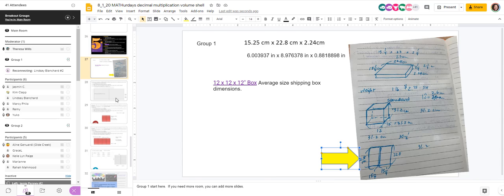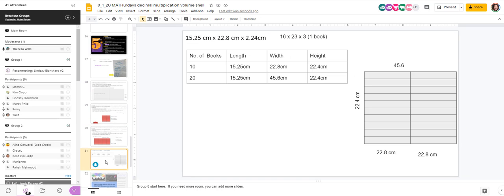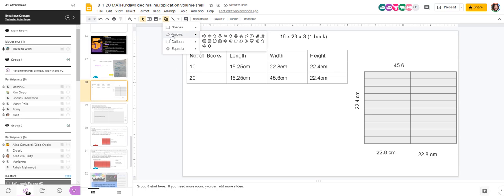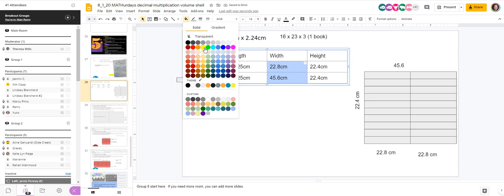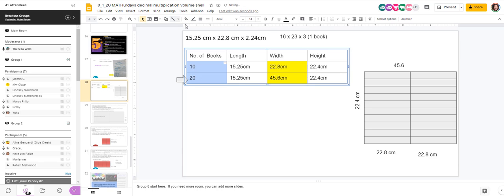That's similar to group 8's, where they are also finding volume, but in terms of number of books, and they only change one cell. They change the width, and that in turn changes the number of books. So again, we've got another one where one dimension is changing. Before it was the height, this time it's the width.